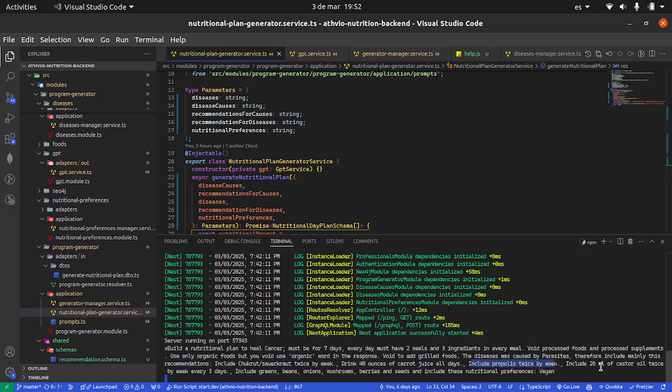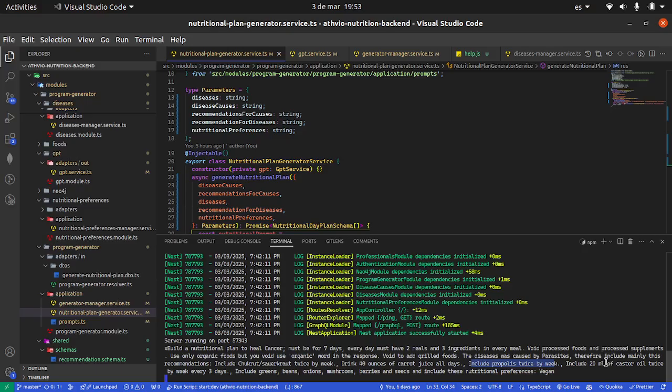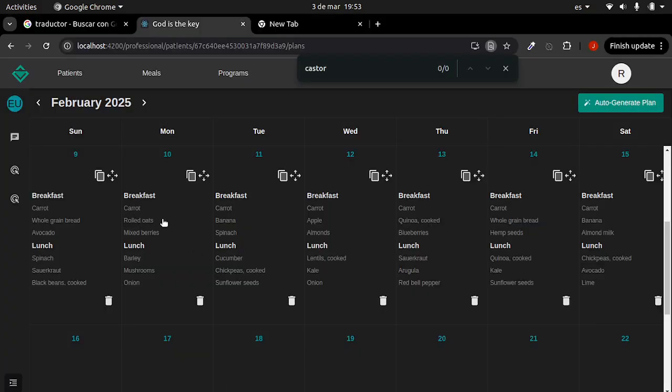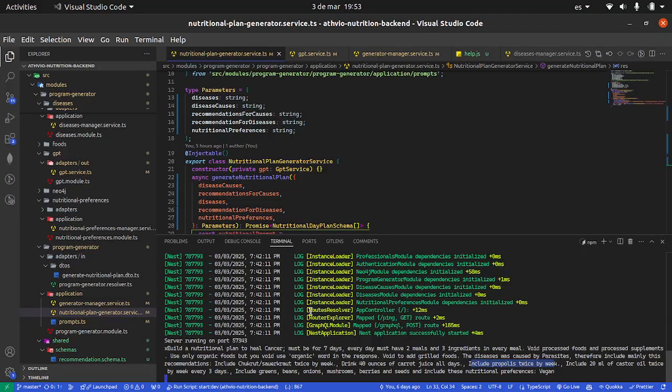Include 20 milliliters of castor oil twice per week, every 3 days. We still don't have castor oil. ChatGPT couldn't accomplish my request for that. That is one problem.